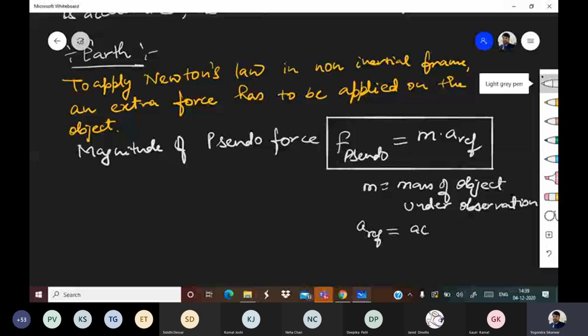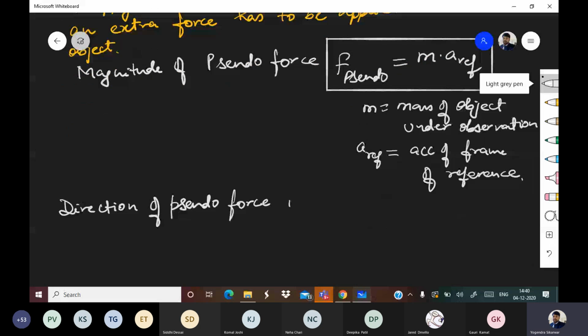All right. Now comes the third part, and third part is direction of pseudo force. So direction of pseudo force will be opposite to the direction of acceleration of frame of reference.